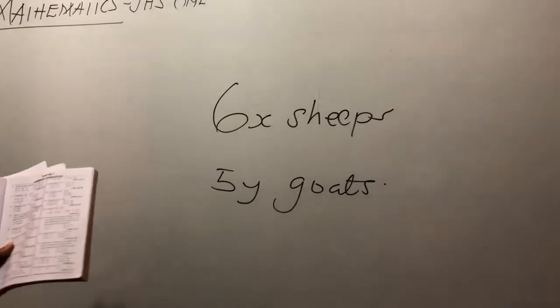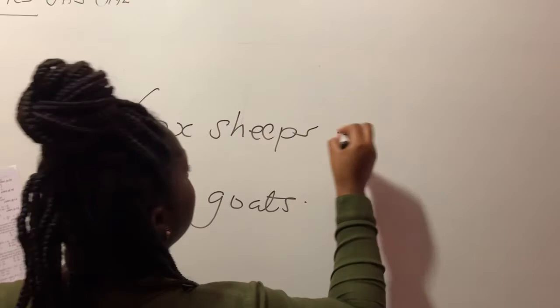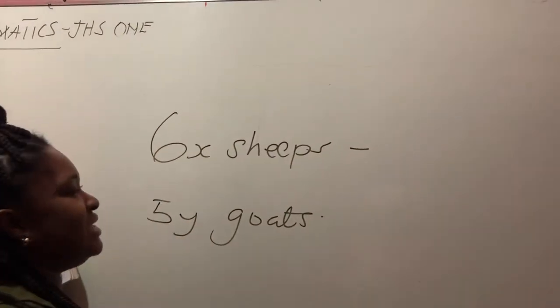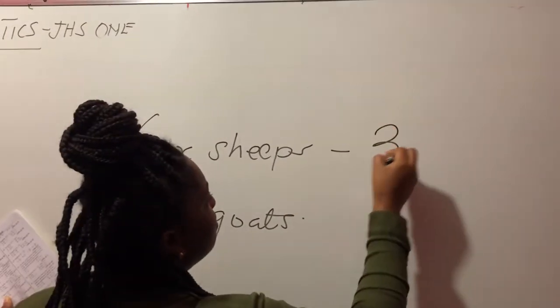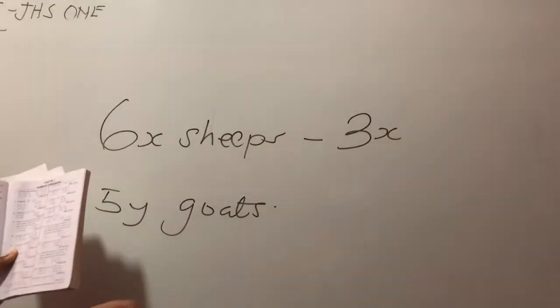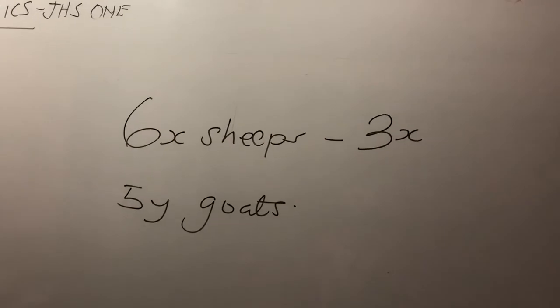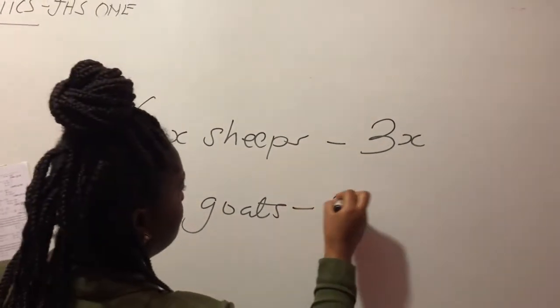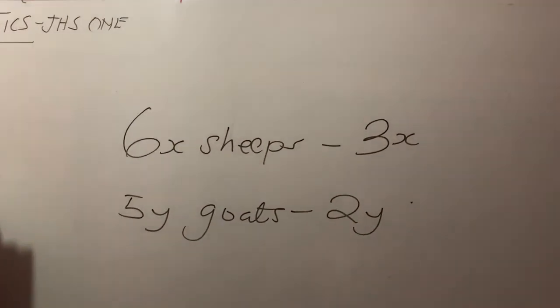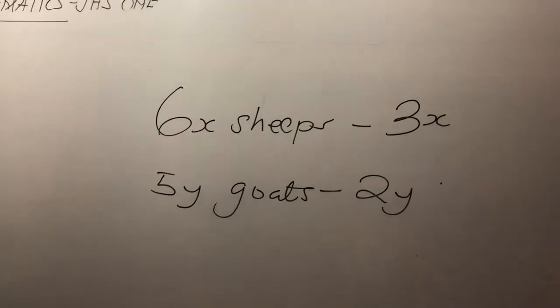He sells 3x sheep, so as he's selling, there is a deduction. That means you're taking 3x sheep from 6x sheep. And he also sells 2y goats. And they are asking how many animals are left after the sale.